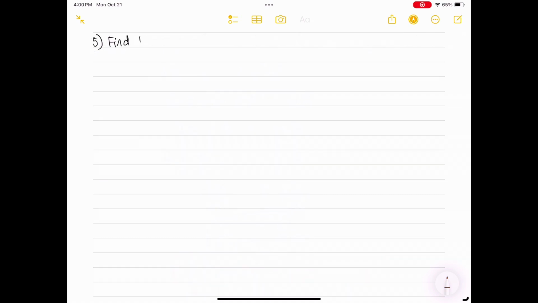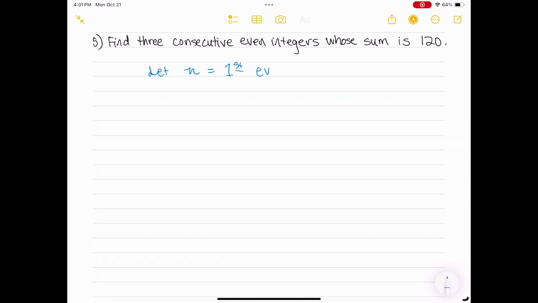Example 5. Find 3 consecutive even integers whose sum is 120. From our previous lesson, we remember that we can notate consecutive even integers as n, n plus 2, n plus 4, and so on.